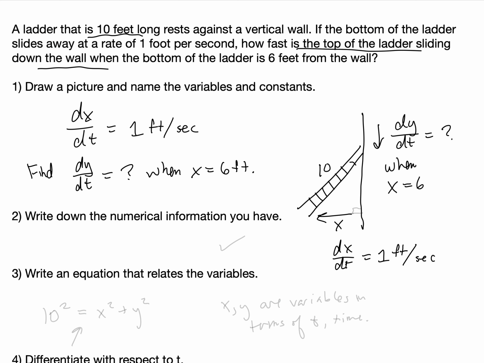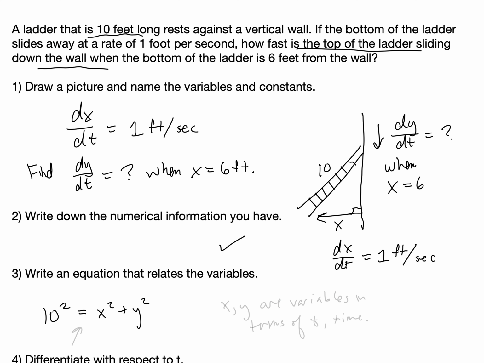So we know what we want to find. We have the information that we know so far. We want to write an equation that relates the variables together. So again, we've got a Pythagorean theorem here. We've got a right triangle. We know that the hypotenuse squared is equal to x squared plus y squared.